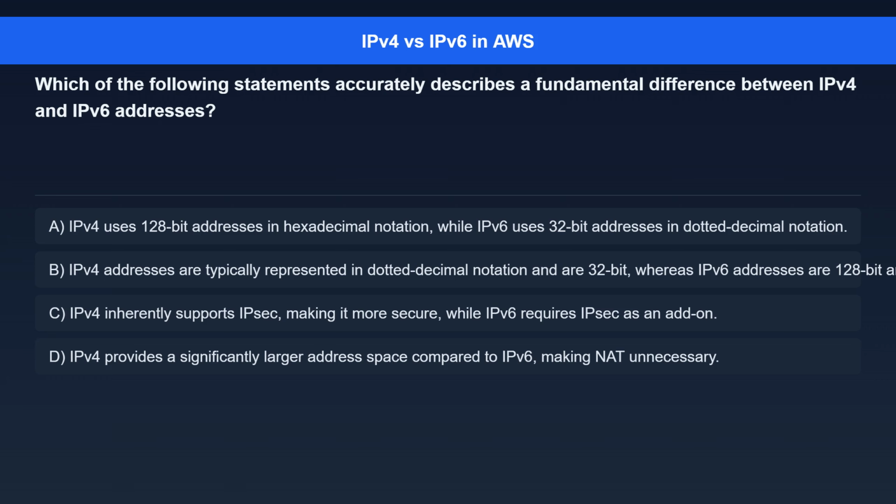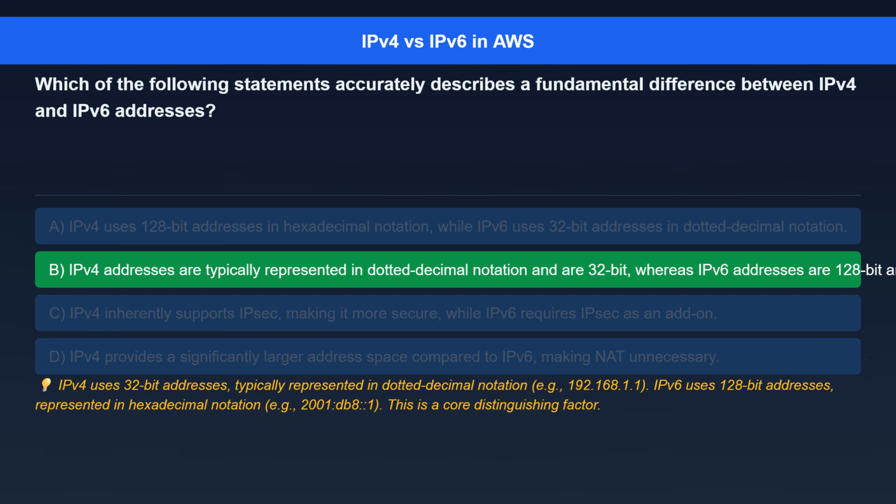Option B. IPv4 addresses are typically represented in dotted decimal notation and are 32-bit, whereas IPv6 addresses are 128-bit and represented in hexadecimal notation. Option C. IPv4 inherently supports IPsec, making it more secure, while IPv6 requires IPsec as an add-on. Option D. IPv4 provides a significantly larger address space compared to IPv6, making NAT unnecessary.